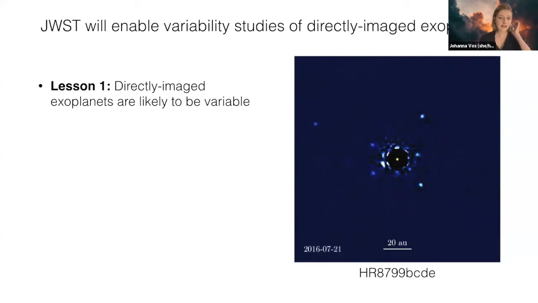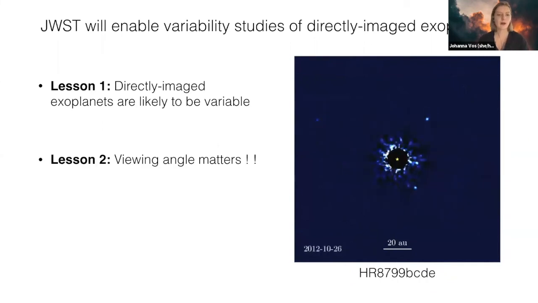And the first lesson is that the directly imaged exoplanets are very likely to show cloud-driven variability. In the near infrared, we have evidence of a higher variability occurrence rate, and we specifically see very high amplitude at spectral types of around L7. So that's exactly where these HR 8799 planets lie.